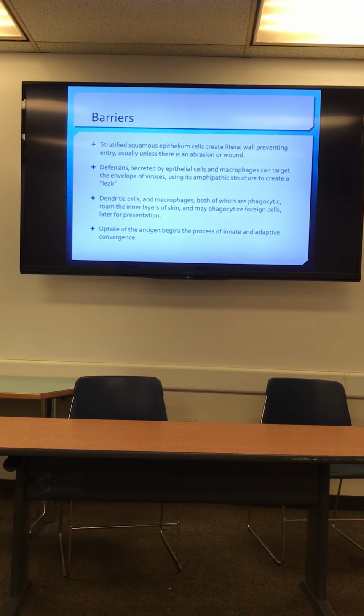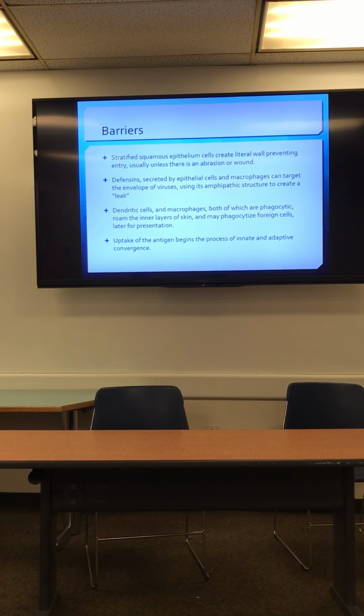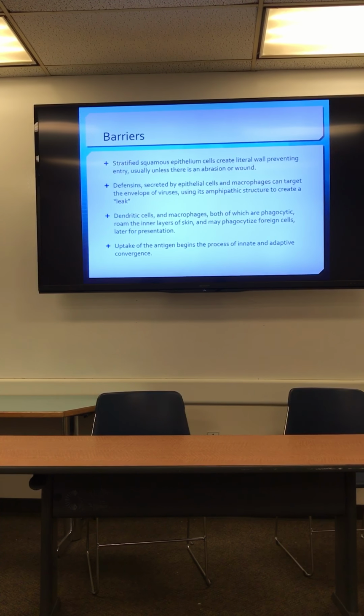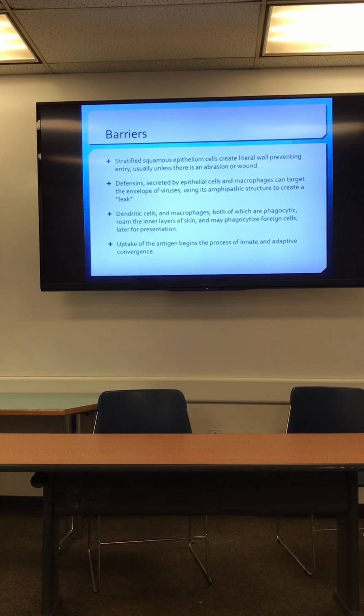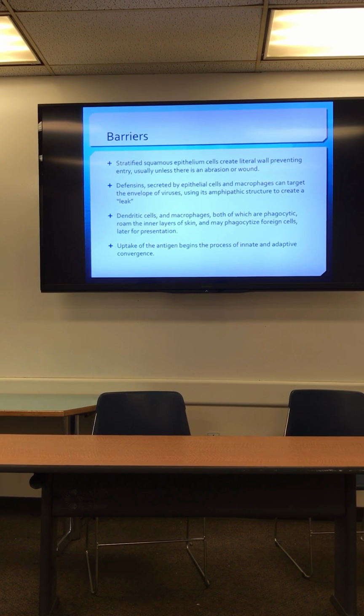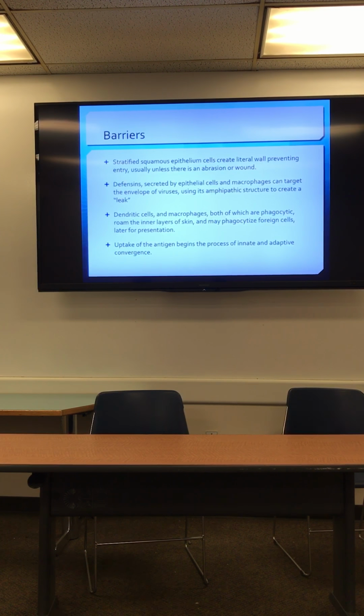So macrophages and dendritic cells, which are just resident within your skin tissues, both of them are phagocytic. They're just going to be roaming inside the inner layers of the skin, and if they recognize a foreign cell, they will phagocytize that cell and then later present them for the adaptive immunity.